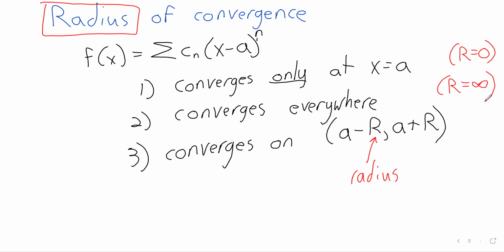Notice that the way I've written it as a single case, we've got an open interval. We're not including the endpoints. And that's not, properly speaking, true. We might sometimes have convergence at the endpoints.